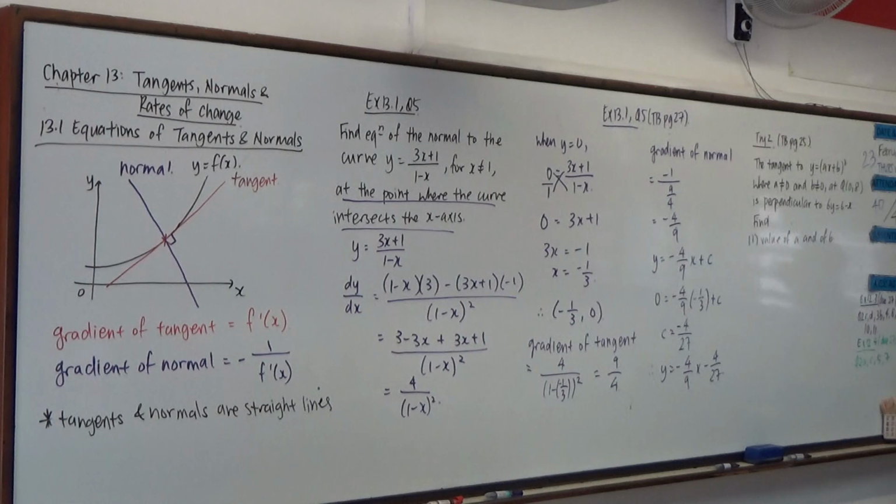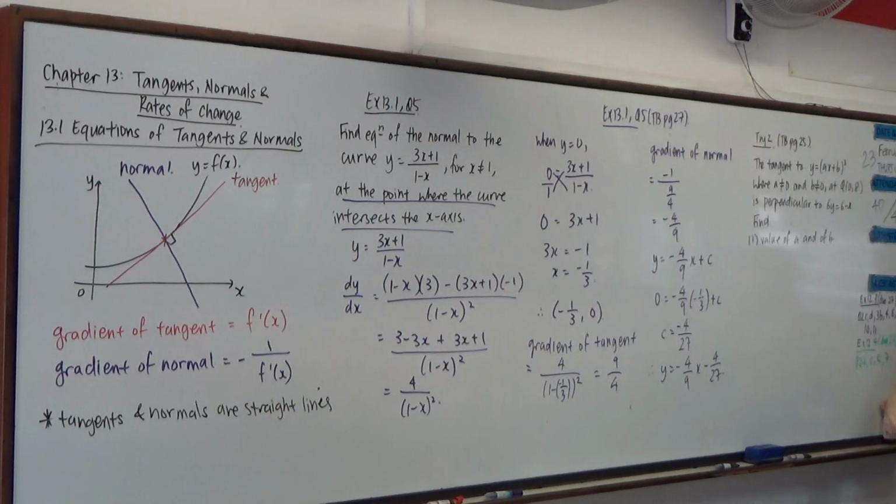So let's break down this one sentence that they give and understand what it's trying to say. We are given this curve over here, and it says that the tangent to the curve at a point Q is perpendicular to another line.